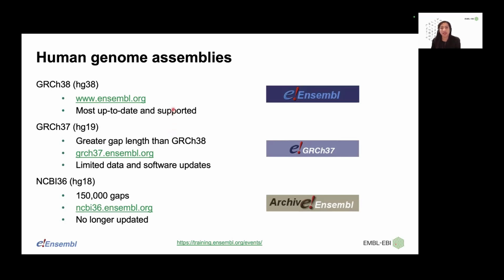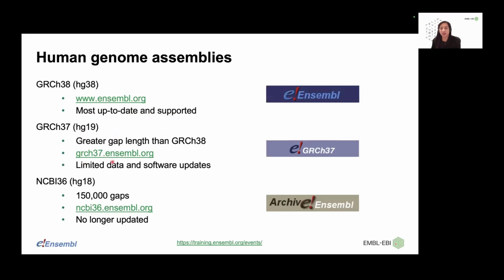Ensembl has 4 different versions. We've got the most up-to-date and supported GRCh38 or hg38 assembly. This is available on the Ensembl main site. We've got the older GRCh37 or hg19 assembly.